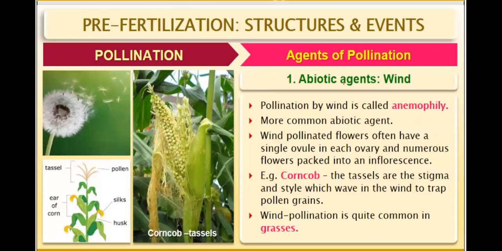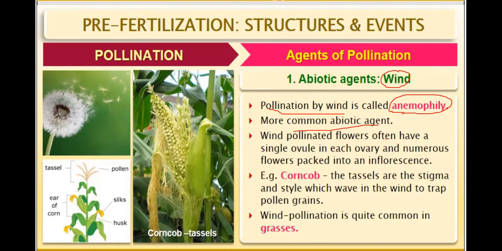Now, what is a biotic agent? Like that is called wind. Wind pollinated flower. Pollination by wind is called anemophily. So what is anemophily? Pollination by air, wind, is called anemophily. Wind is the most common abiotic agent.